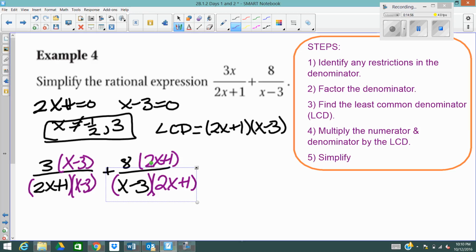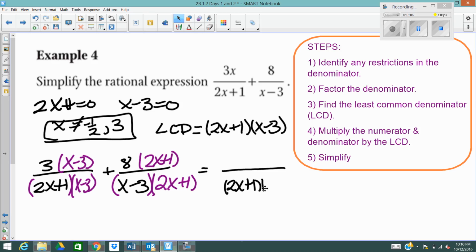So now I'm going to simplify. My common denominator is 2x plus 1 times x minus 3. My numerator now is 3 times the quantity x minus 3 plus 8 times the quantity 2x plus 1.